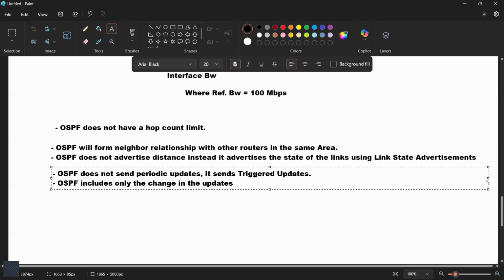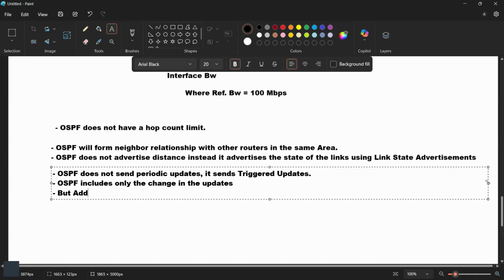But additionally, the LSAs are refreshed every 30 minutes.